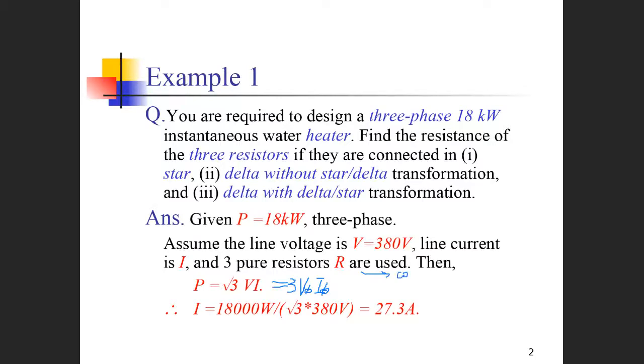For resistors, the power factor equals 1, and the real power is line voltage times line current times root 3, or 3 times the phase voltage times phase current. The same. Here we use the line values. So given the power, we can find out the line current, with the line voltage.